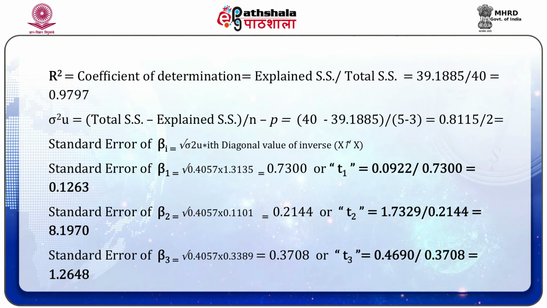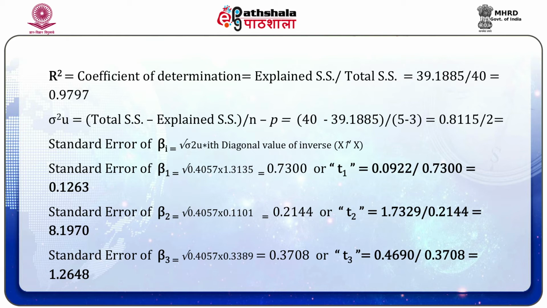R square, the coefficient of determination, is equal to explained SS upon total SS, which is equal to 39.1885 upon 40, which is equal to 0.9797.